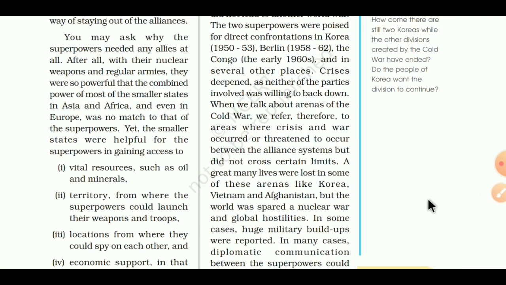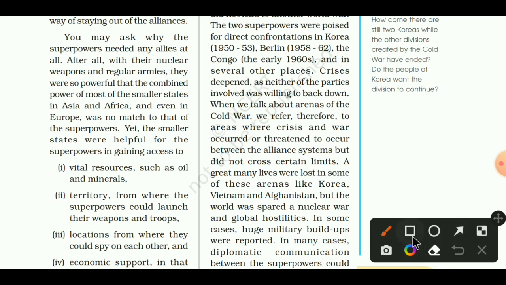Now here you can see one thing. You may ask why the superpowers need any allies at all. This thing is most important. Why does a superpower need any ally?